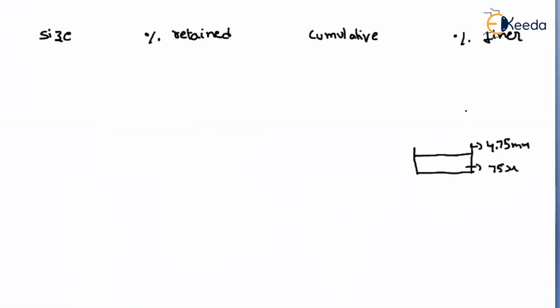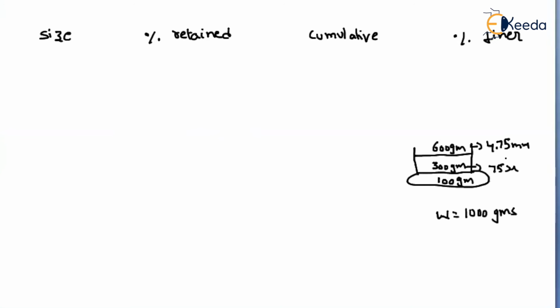Let us say I am considering the total weight of the soil as 1,000 grams. Out of the 1,000 grams, 600 grams are retained on the 4.75 mm, and let us say 300 grams are retained on the 75 micron. And at last we have the pan. So out of the 1,000, 600 plus 300 is 900. So what is the remaining? In the last pan we have 100 grams.